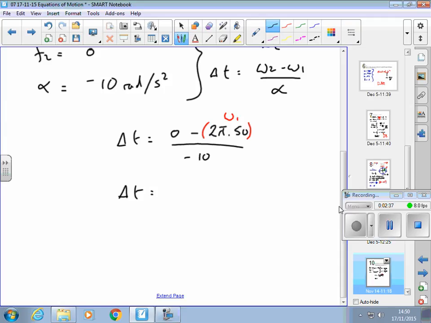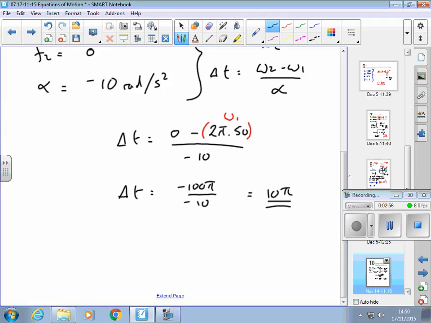So delta t equals minus 100 pi over minus 10. And the minuses cancel out. Minus minus gives us a plus, so that is going to give us a positive time, thank goodness. Okay, so that's 10 pi.